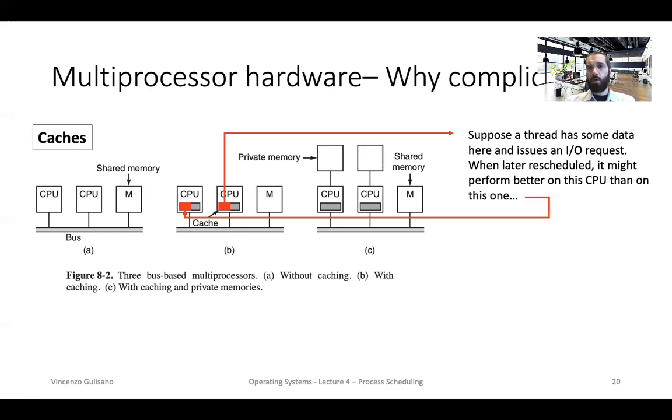It issues a request for input output, so it goes into the waiting state. Since the process was running here, it probably had some data in the cache. If the cache was not cleared, when we want to run the process again, it might be beneficial for its performance to get back to the same CPU, because it will find things already in the cache, and there is no need to go through the bus and back to the main memory to fetch the data.